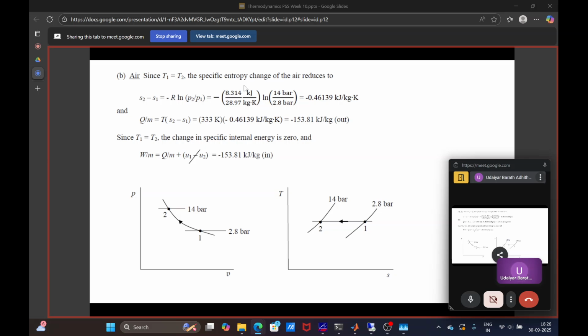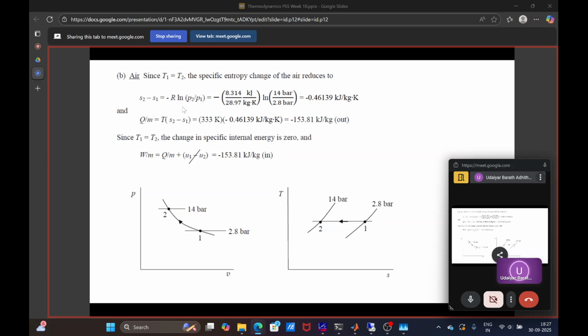Your molar mass of air is 28.97. So R is 8.314, which is the universal gas constant, divided by 28.97, multiplied by ln of 14 bar, which is the final pressure, divided by 2.8 bar.